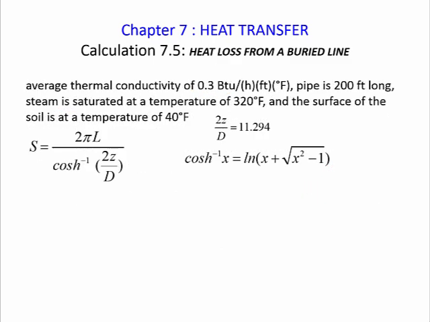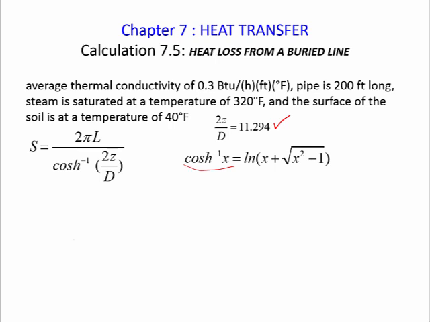Now, having the quantity 2Z over D, we also know that inverse hyperbolic cosine of x is equal to log natural of x plus square root of x squared minus 1.